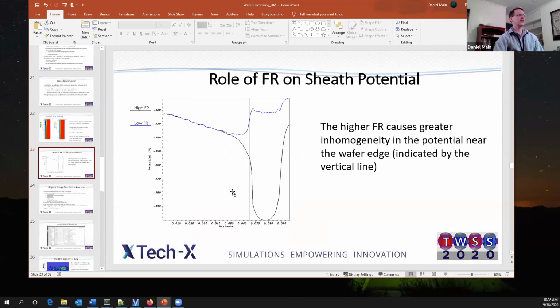The black curve is a cutout with the high focus ring. And I think you can tell that there is a much more uniform potential with the lower focus ring. Now, the edge of the wafer is right here. So this black vertical line is the edge of the wafer.